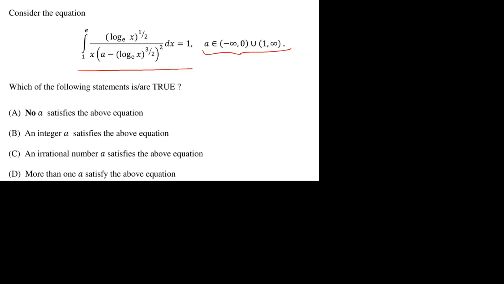In the given integral equation, we have the integration from 1 to e of log x to the base e to the power half. So let me do one thing here.